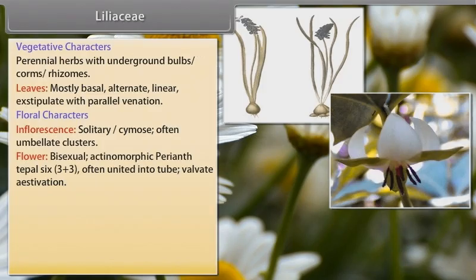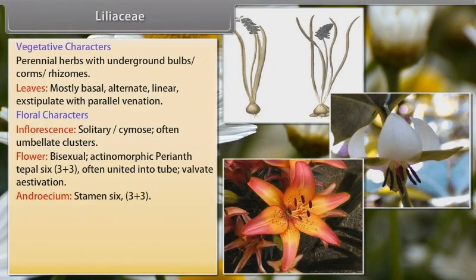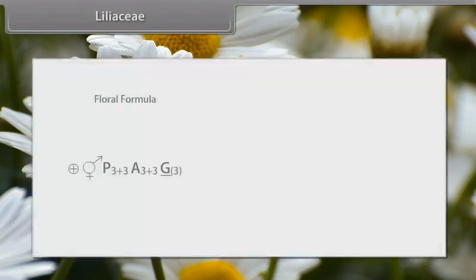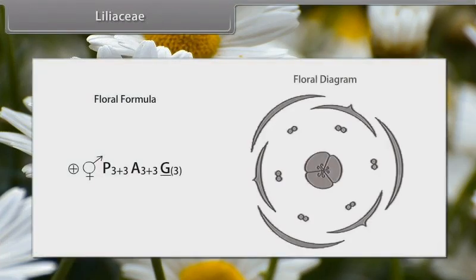Perianth tepals 6 (3+3), often united into tube, valvate aestivation. Androecium, stamens 6 (3+3). Gynoecium, tricarpellary, syncarpous, ovary superior, trilocular with many ovules, axile placentation. Fruit, capsule, rarely berry. Seeds, endospermous. Floral formula is, and this is the floral diagram.